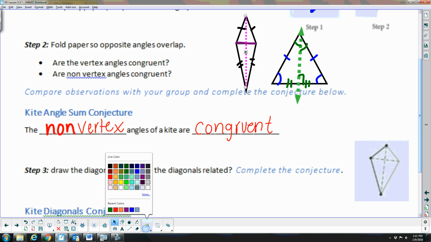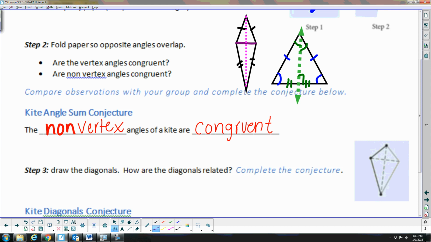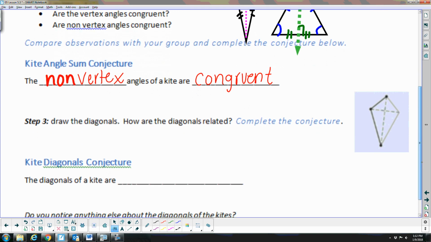So that means that this is going to be 90 degrees, and then it's going to make these two pieces congruent. So the diagonal of the vertex angles is going to be the perpendicular bisector of the other diagonal.